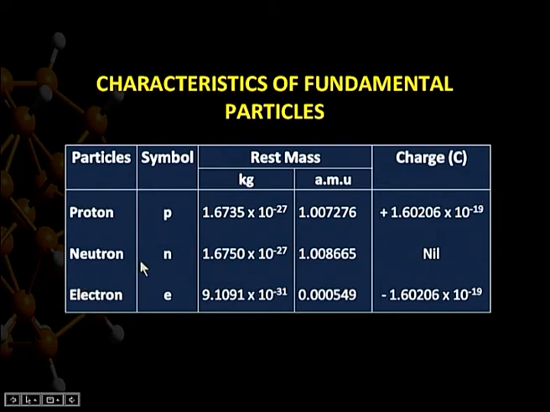In the case of the neutron, the symbol is n, and the rest mass in kg is this, and the atomic mass unit is this. The charge is nothing on the neutron as it is neutral. And the electron, symbol e, has this rest mass in kg, this atomic mass unit, and this charge.